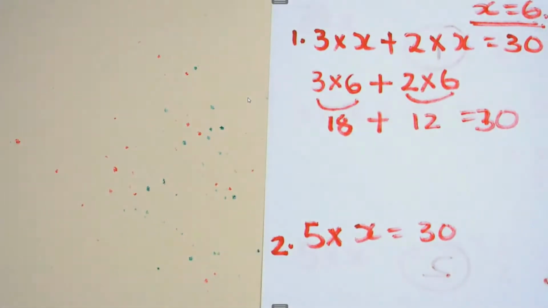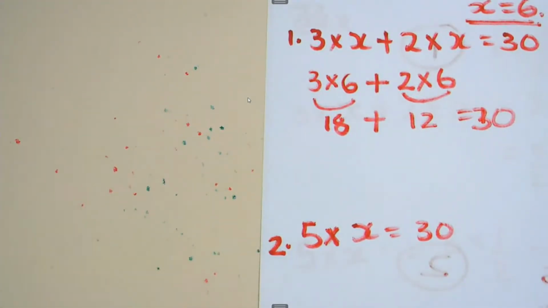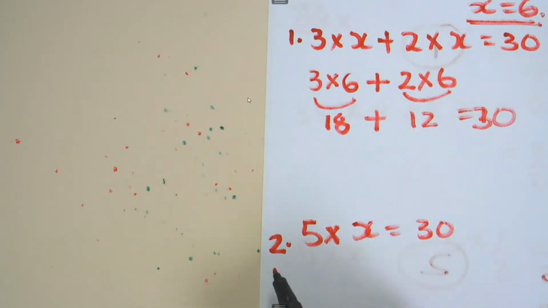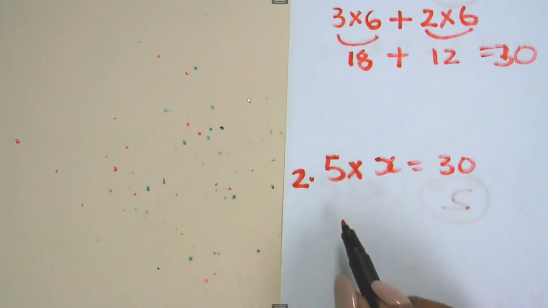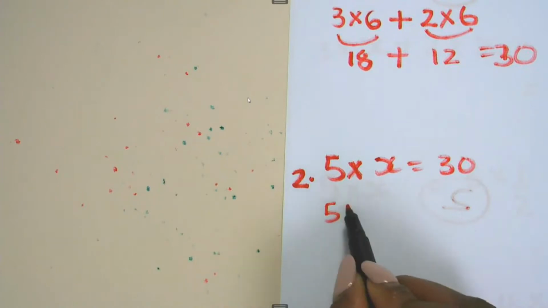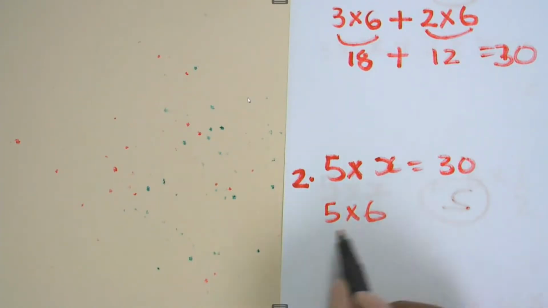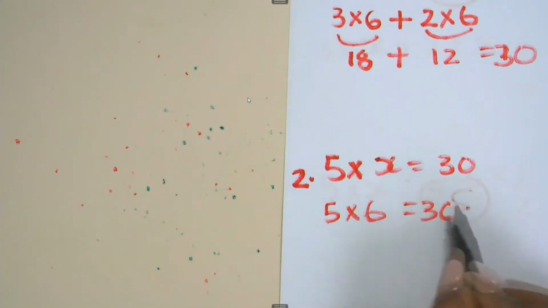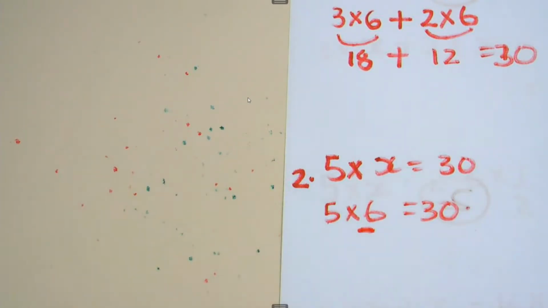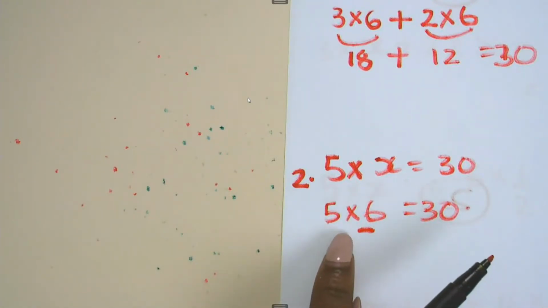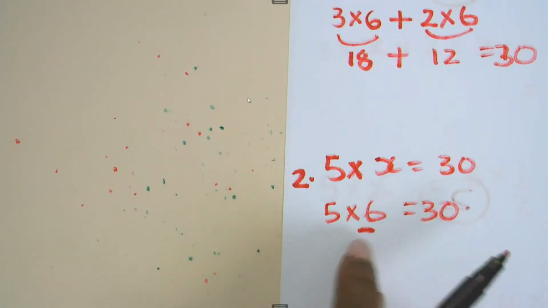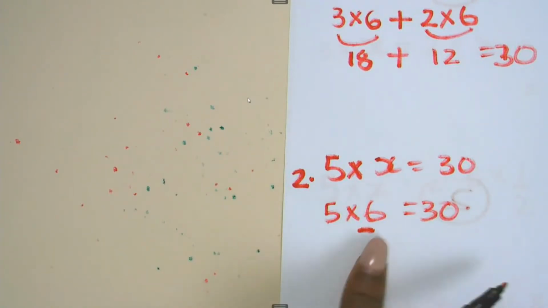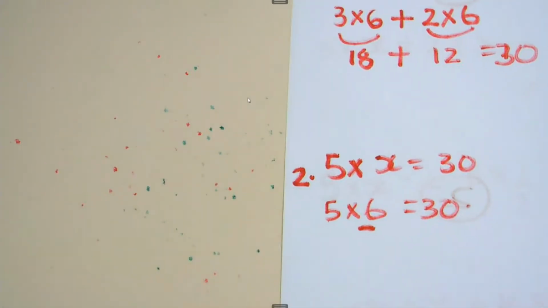Therefore, for the first rule, 6 is correct. Now, let's go to the second rule. 5 multiplied by x is 5 multiplied by 6. Then 5 multiplied by 6 equals 30. Therefore, for the second rule, if we substitute x with 6, then we get 30.